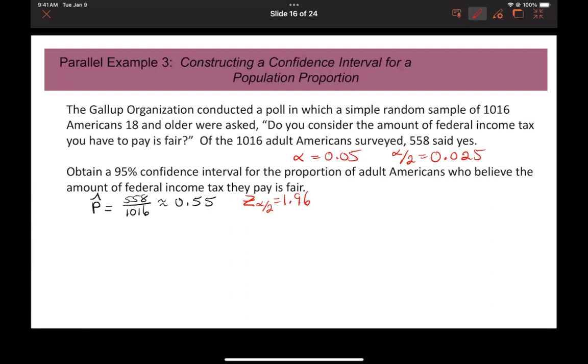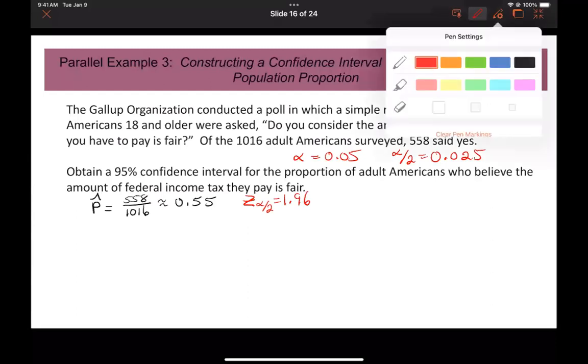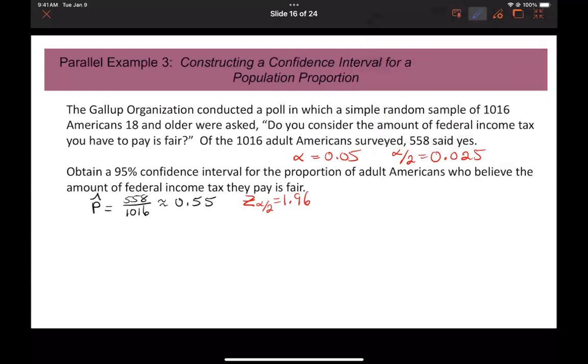All right, let's calculate our margin of error. So I take this z-score and I'm going to multiply it by the square root of p hat times 1 minus p hat, divided by the sample size. This will give me the margin of error.